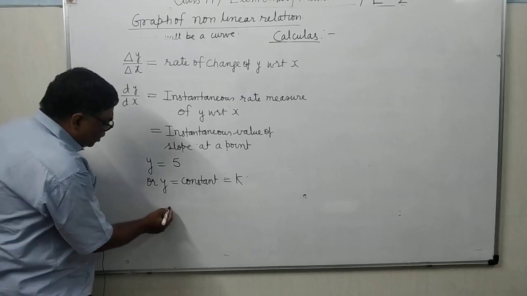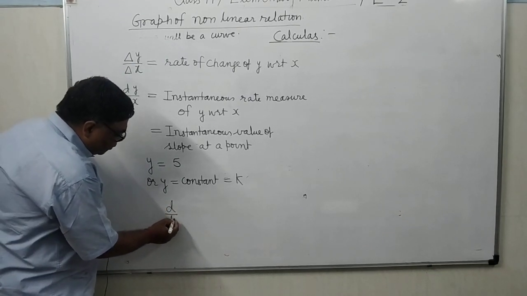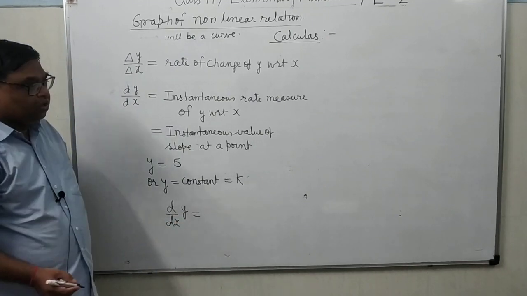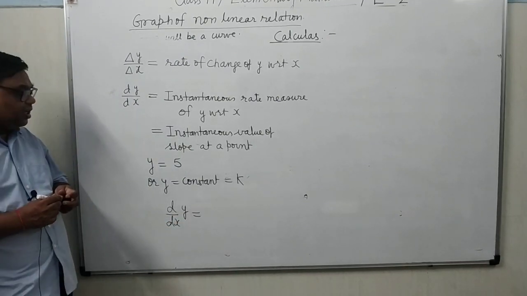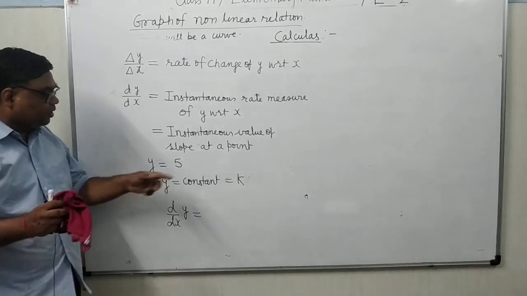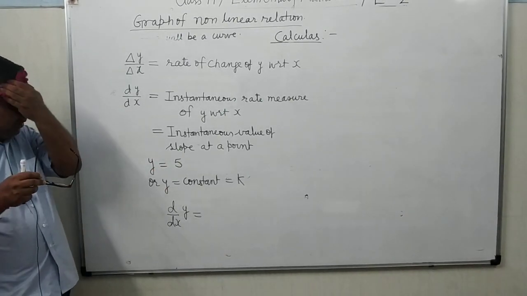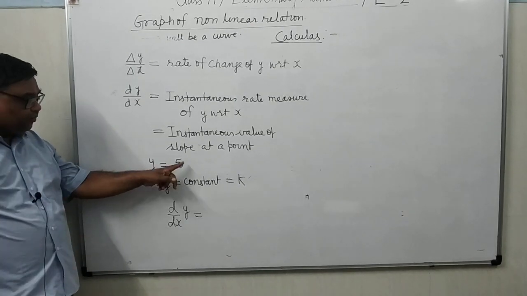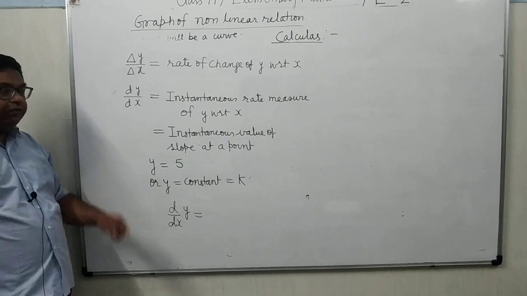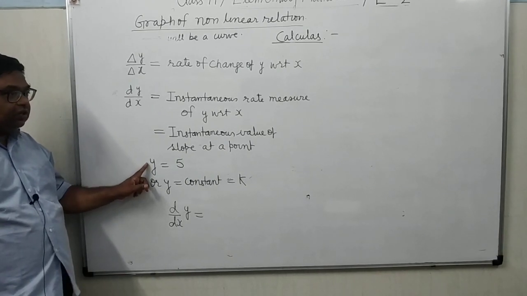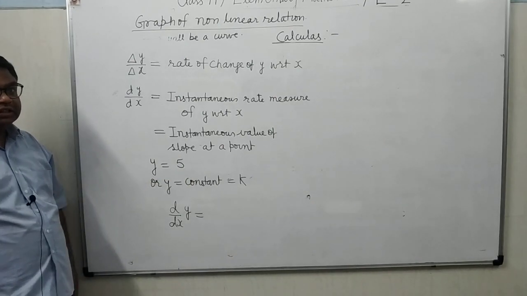When you calculate d by dx of y, what will be its value? As you already know, in this case, whatever be the value of x, the value of y will always be 5. Means there is no change in y with respect to x.